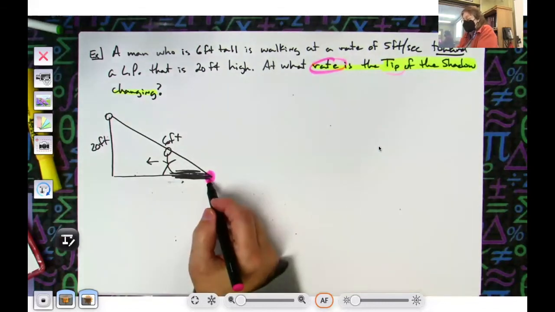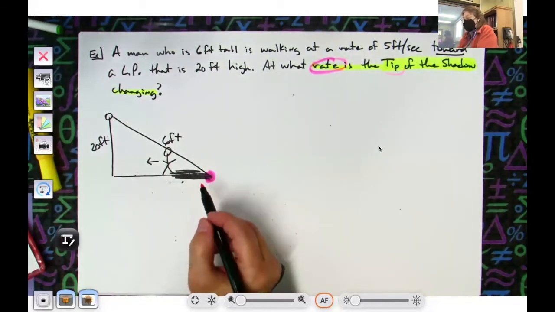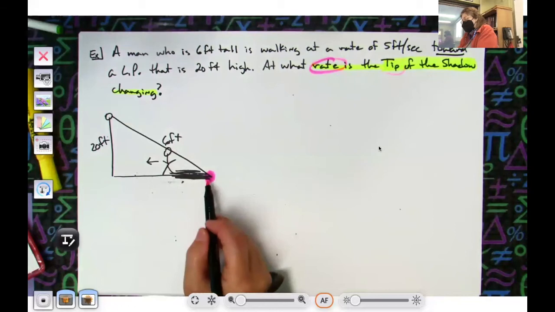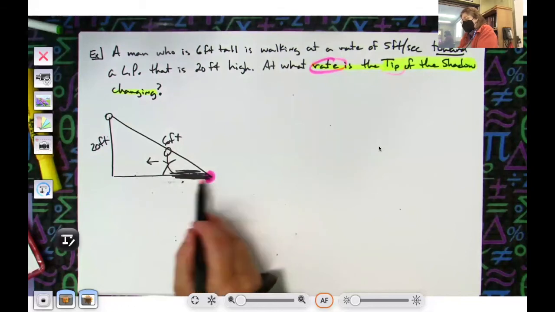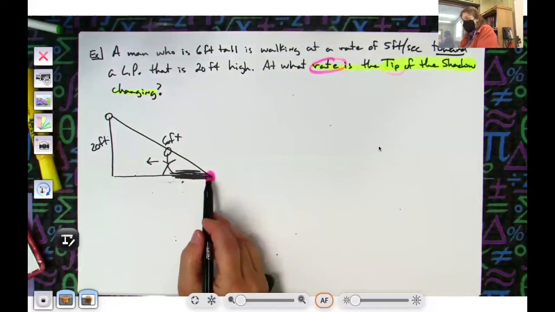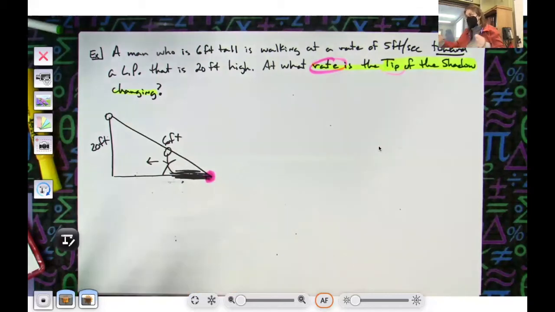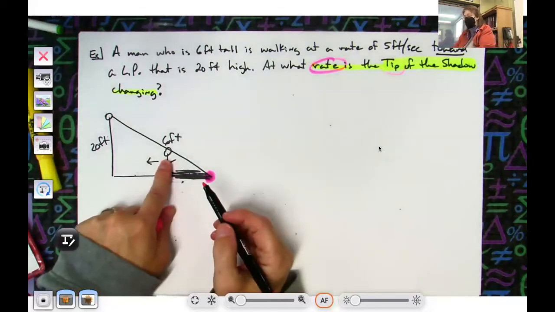So how can I get you to think this? I'm not concerned with this distance. What distance am I concerned with, if I want to know the rate at which the tip is changing? It's not changing, is it? Well, it is, because he's walking this way.